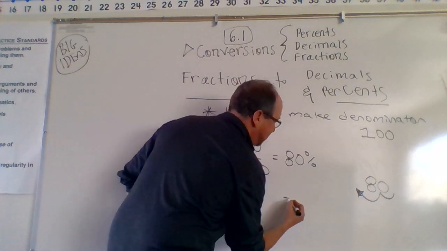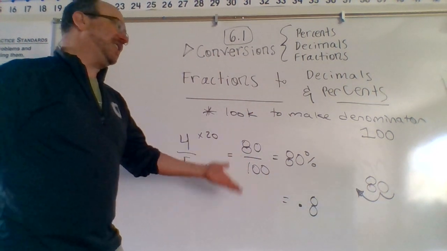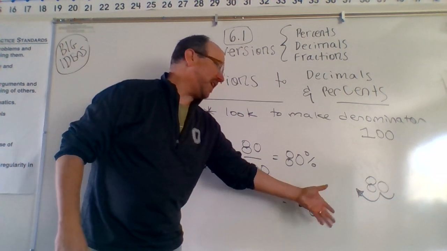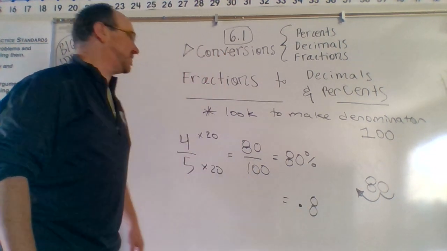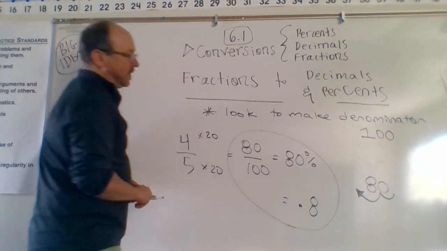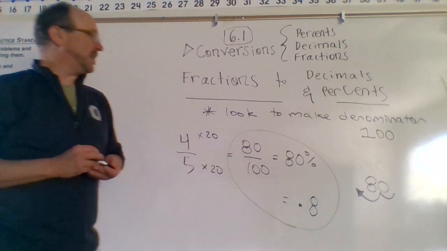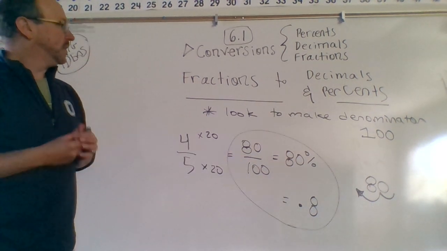And so that gives us the 0.8. We don't need that other 0 at that point. You could say 80 hundredths or 8 tenths. So all of these are equivalent: 80 per 100, 80%, 8 tenths.